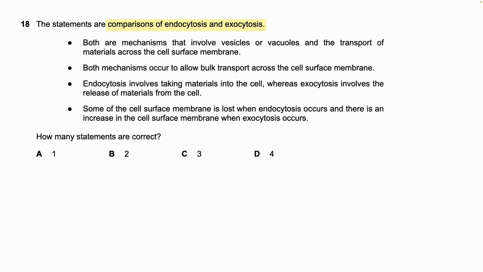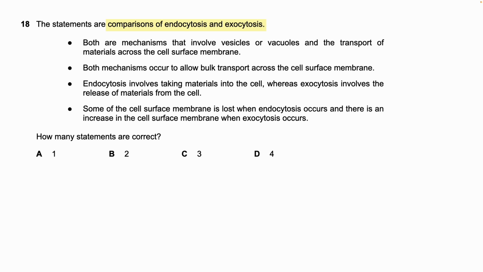Some of the cell surface membrane is lost when endocytosis occurs, and there is an increase in cell surface membrane when exocytosis occurs. Yes, when endocytosis occurs, part of the cell surface membrane is pinched off along with the substances moving in. Then in exocytosis, the cell surface membrane increases as the vesicles come and join it, then release their contents outside the cell.